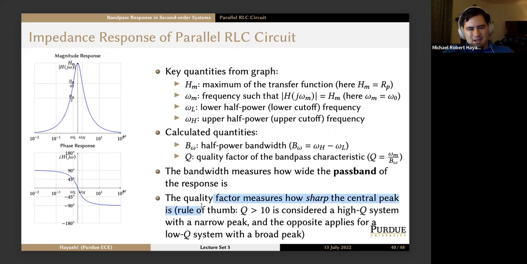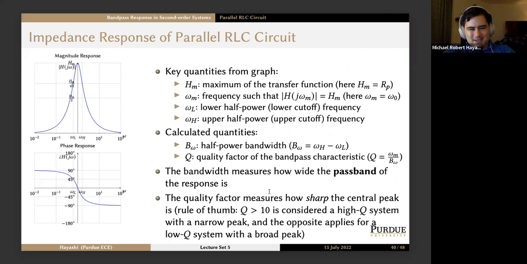As a rule of thumb, Q greater than 10 is considered a high Q system. It's going to have a very narrow peak because omega_m is located a certain distance along the frequency axis, and B_omega is showing how wide the peak is. So it's going to look very narrow.